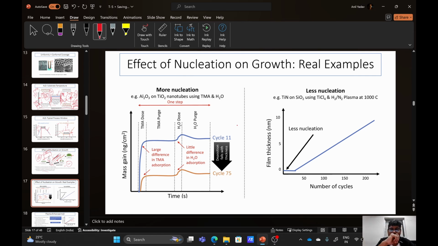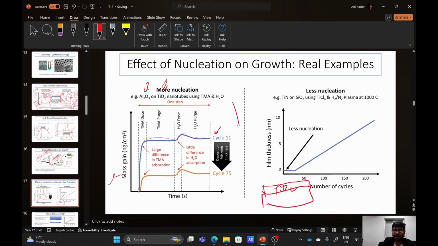If you are growing Al2O3 on a TiO2 substrate, or TiO2 nanotubes as they have given, then during the initial cycles, this is cycle number 11, the growth rate, which is the mass gain measured by the crystal monitor, is higher during the initial number of cycles, because the wetting of the surface is more in that case.